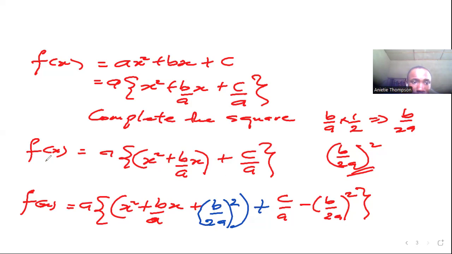So what we'll be doing right now is we factorize the expression here in the bracket, and I will not stress you. I would like you to look at exactly what I'm going to do right now. So f of x equals a bracket open. And anytime you want to factorize this, just bring the x.